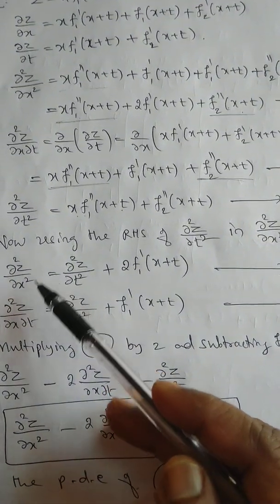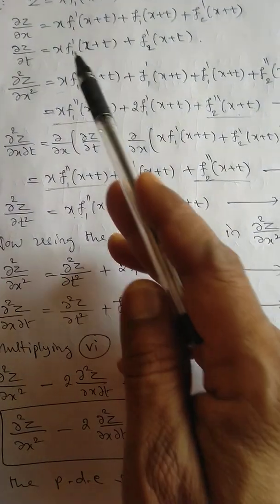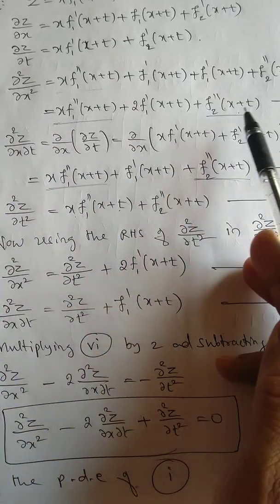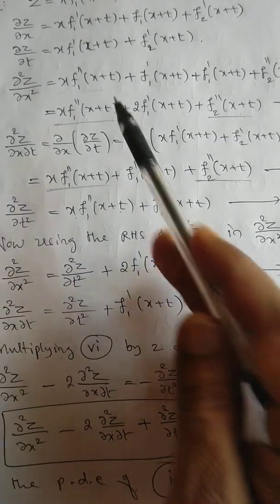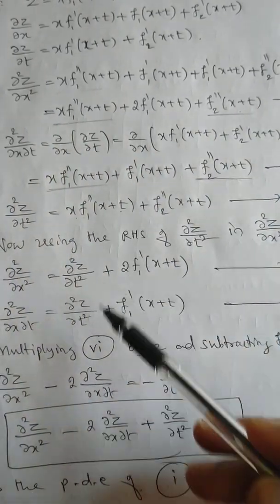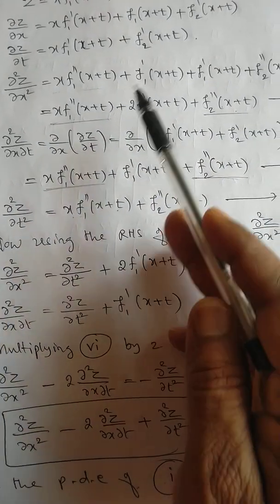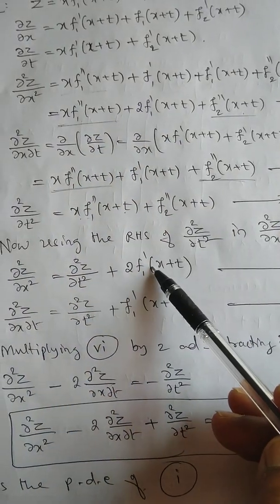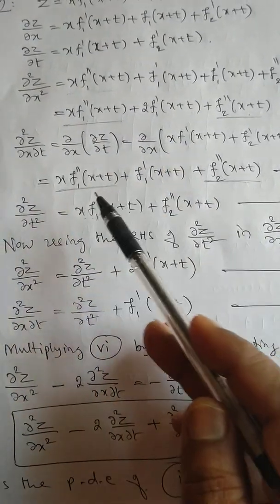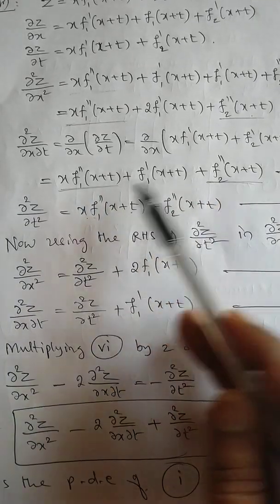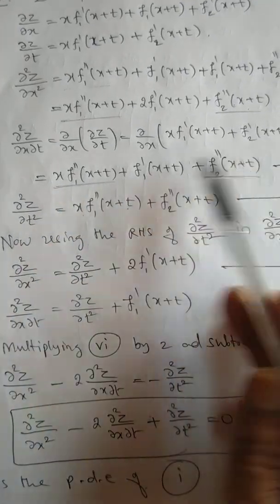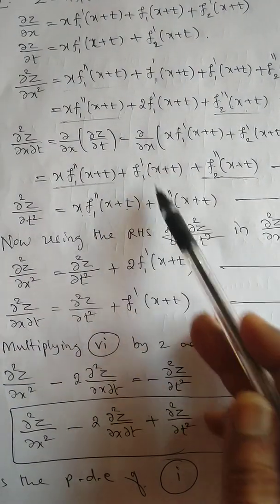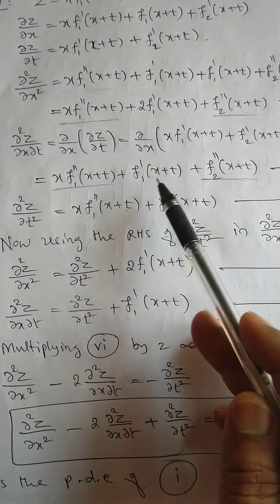Therefore ∂²z/∂x² can be written as ∂²z/∂t² plus 2 f1 dash. Next, in this expression, this plus this is ∂²z/∂t², so ∂²z/∂t² plus f1 dash.